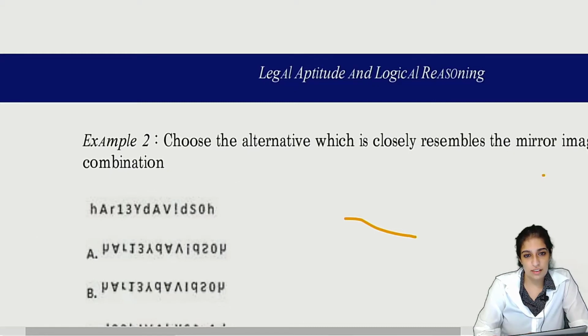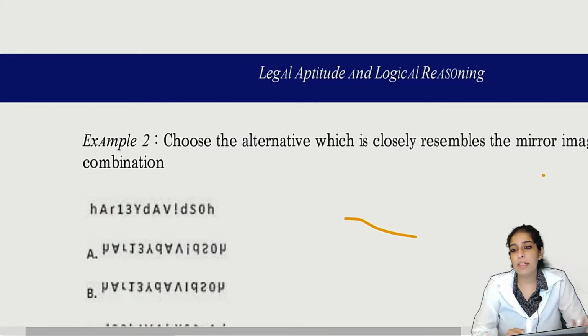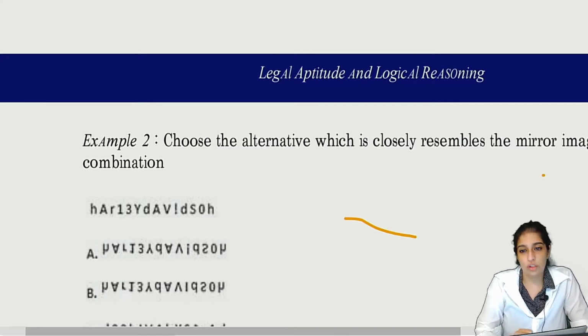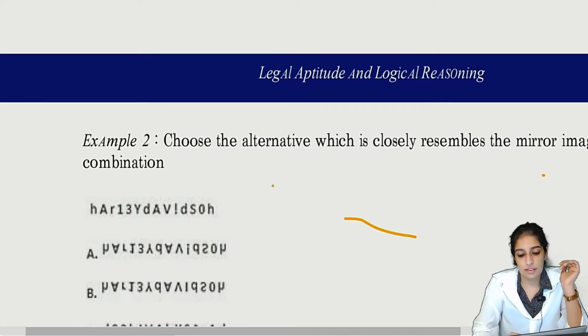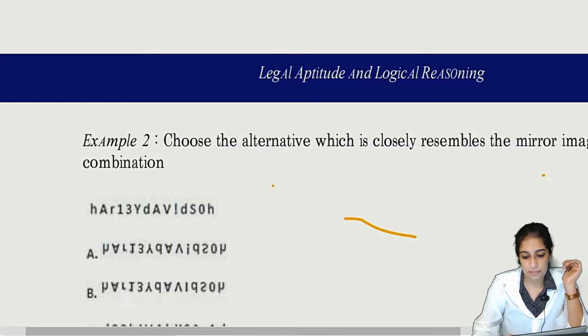They have given us some alphabets. Before we start any alphabet series of a mirror image, remember the short form what we had said. The short form is what you mix V.